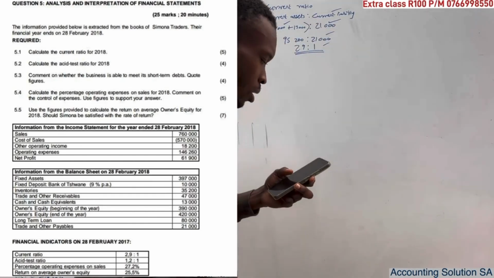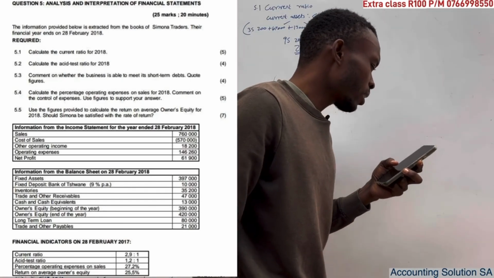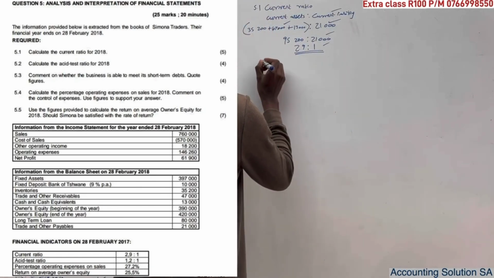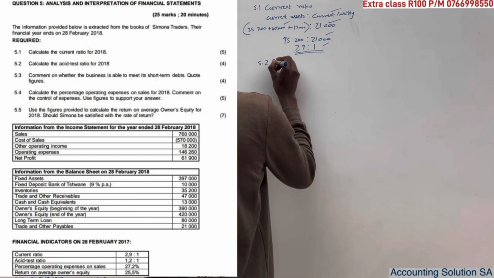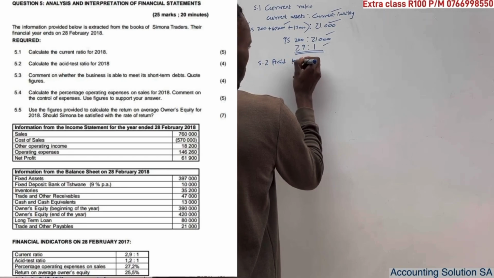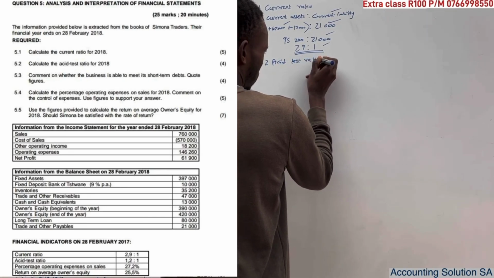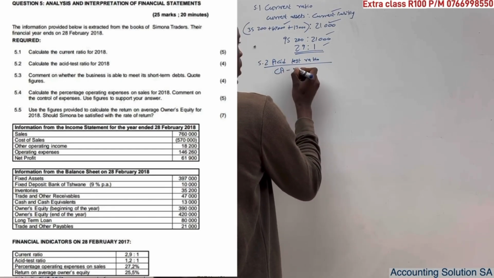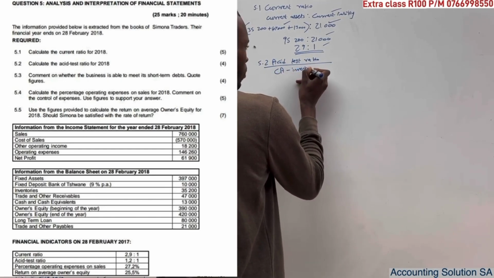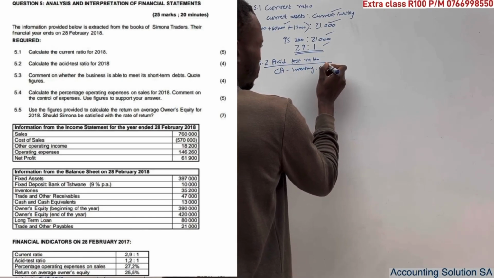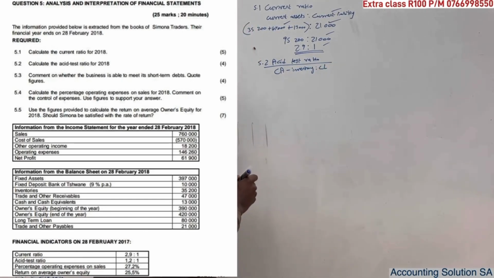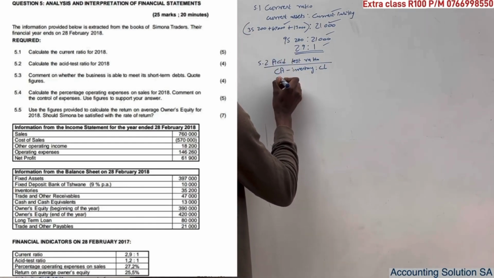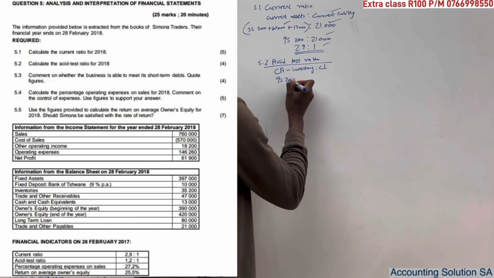Show everything. Okay. The next one, they said we need to calculate the acid test ratio. 5.2, acid test ratio. The formula says current assets minus inventory is to current liability. Current assets, we know that is 95,000 because we already calculated; we can't calculate again.